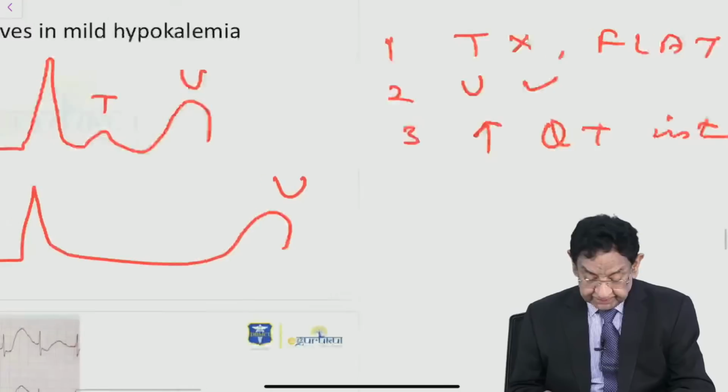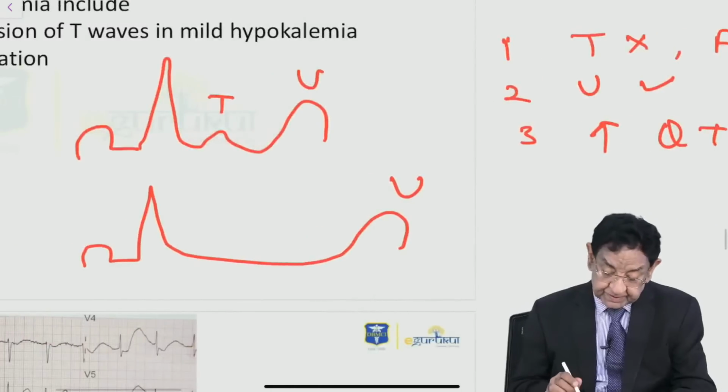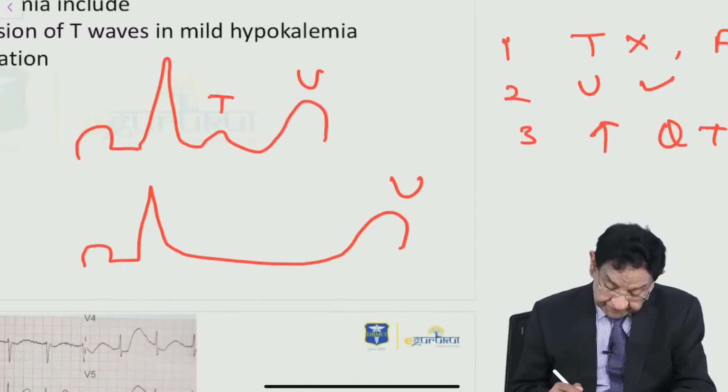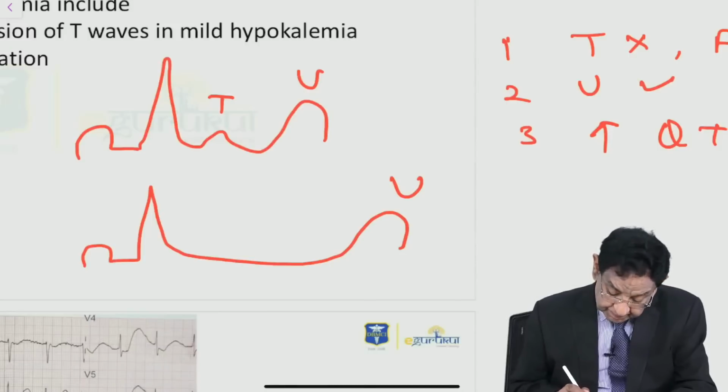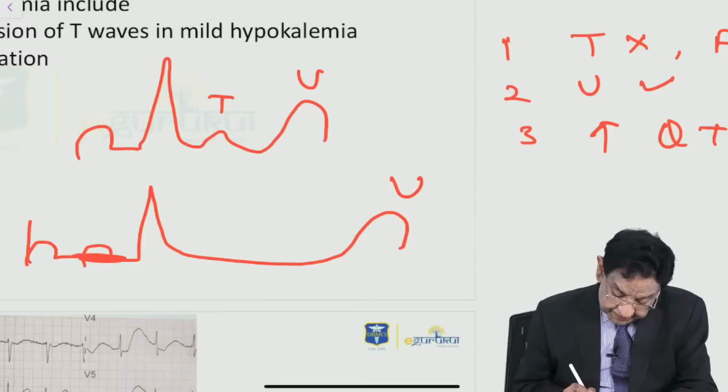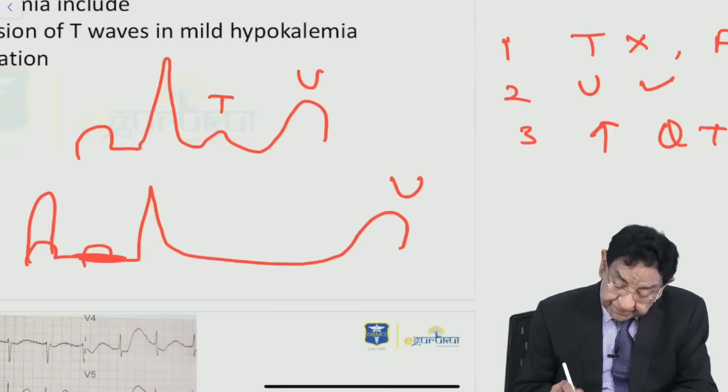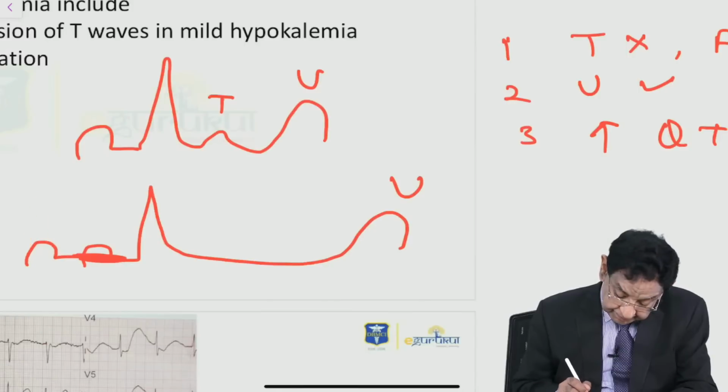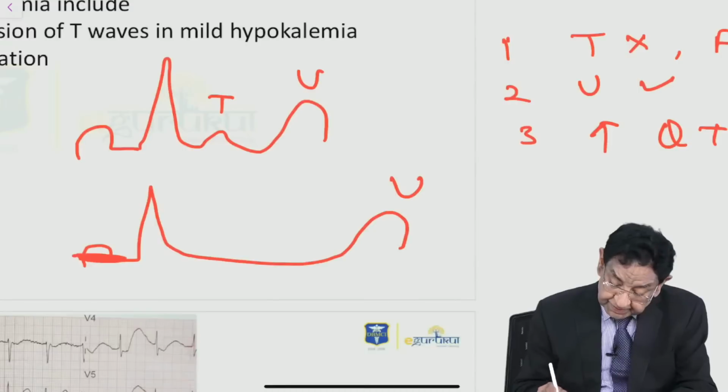Prolonged QT interval, and the P wave becomes tall.